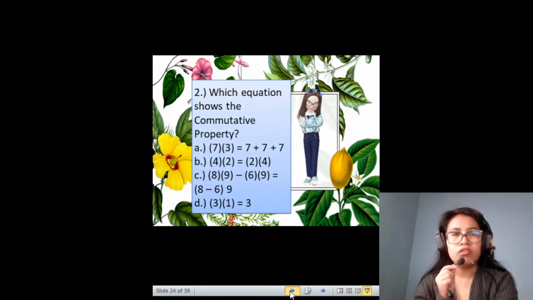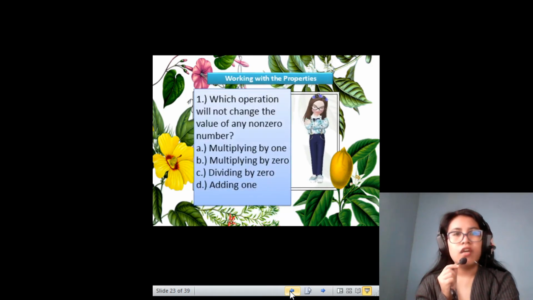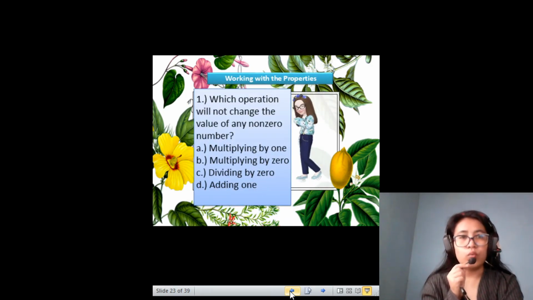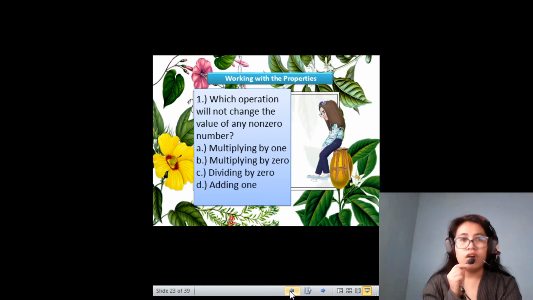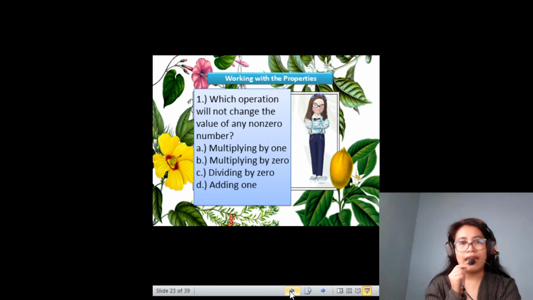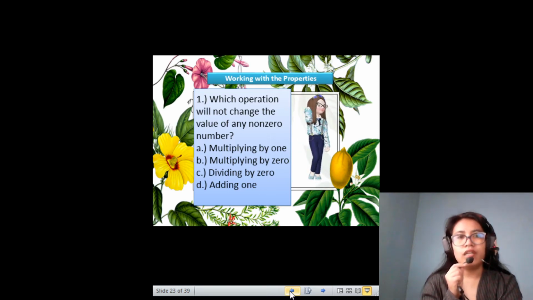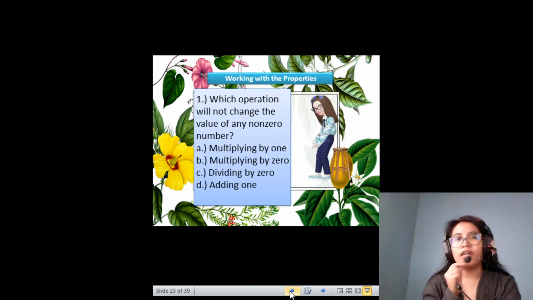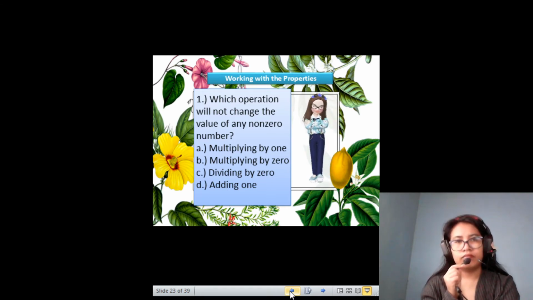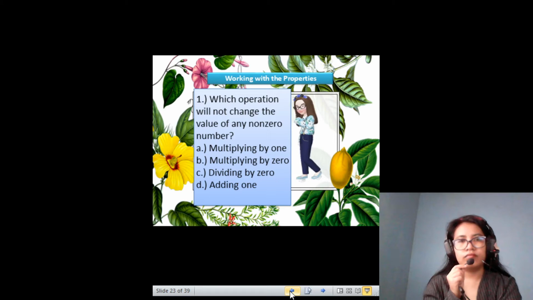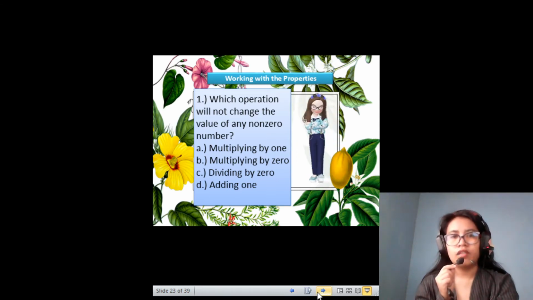Okay, let us try to answer this. Which operation will not change the value of any non-zero number? Letter A, multiplying by 1. Letter B, multiplying by 0. Letter C, dividing by 0. Or letter D, adding 1. Next.